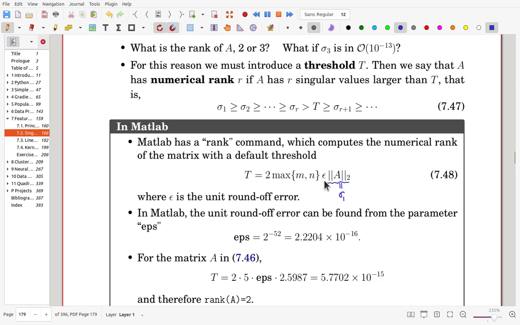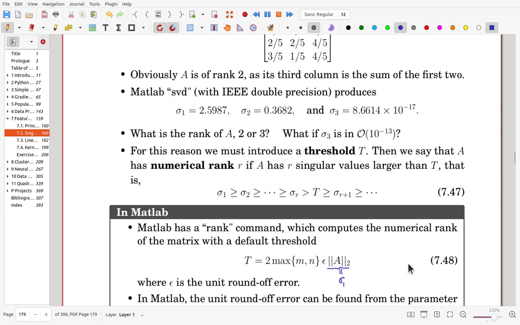Epsilon in MATLAB can be obtained by using eps. It is the same as 2 to the minus 52 in double precision, about this quantity.